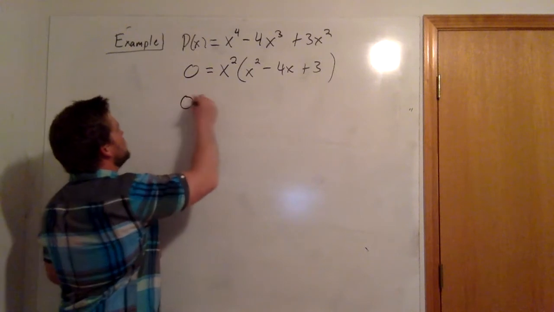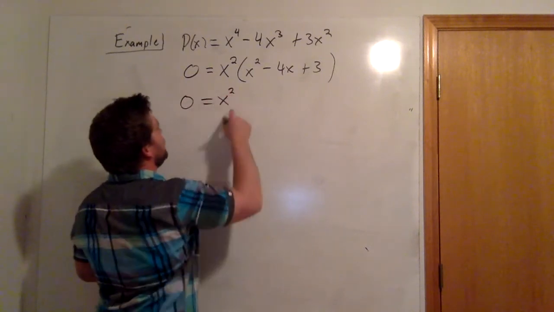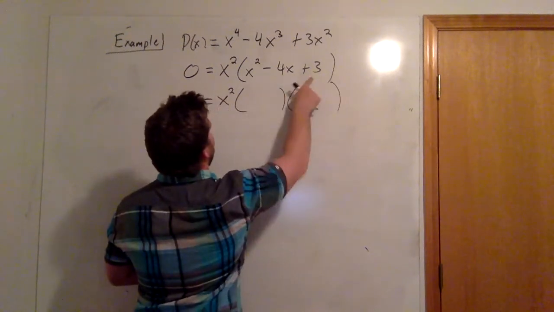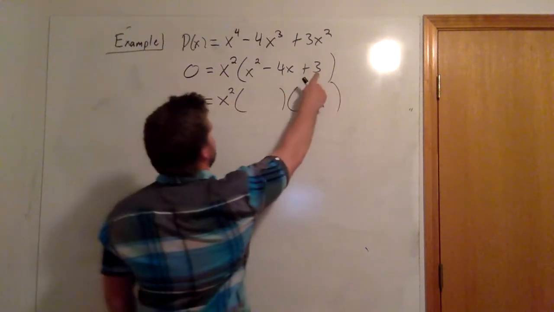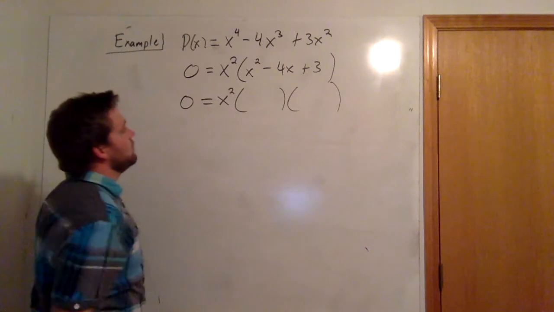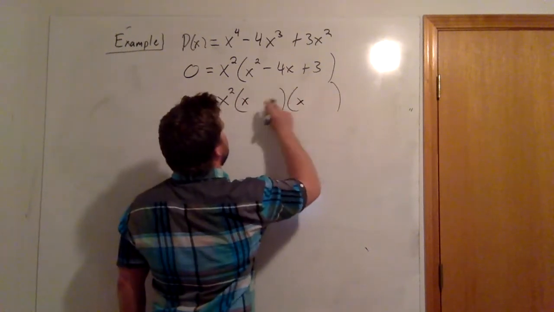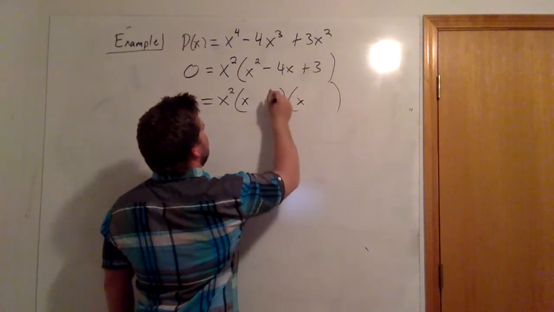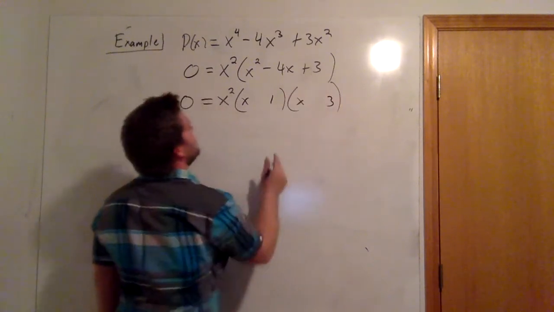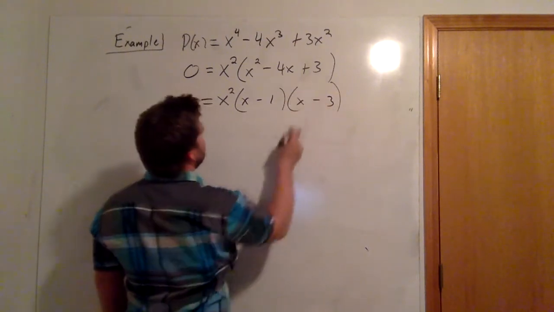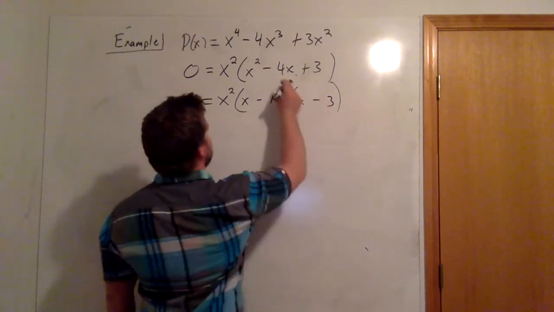Now I just need to factor this quadratic. So I need factors of 3 that add to -4. Since this is negative, I need both these numbers to be negative. It has to be a 1 and a 3 since 3 is prime. So a -1 and a -3 give me a positive 3. -1 plus -3 is a -4.